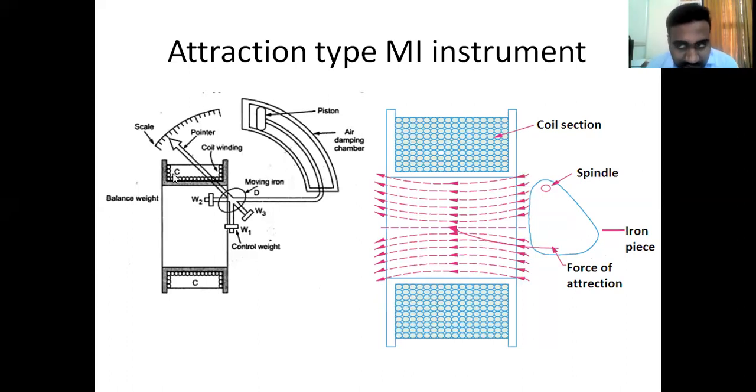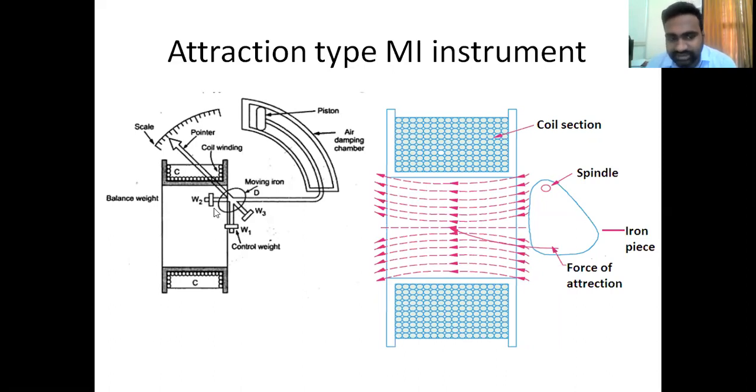These are the turns, which is nothing but the coil winding. This acts like one pole, and this entire structure is an electromagnet. We wind the copper coil on an aluminum former, and this is one electromagnet, and this is another electromagnet. And this elliptical piece is nothing but soft iron.